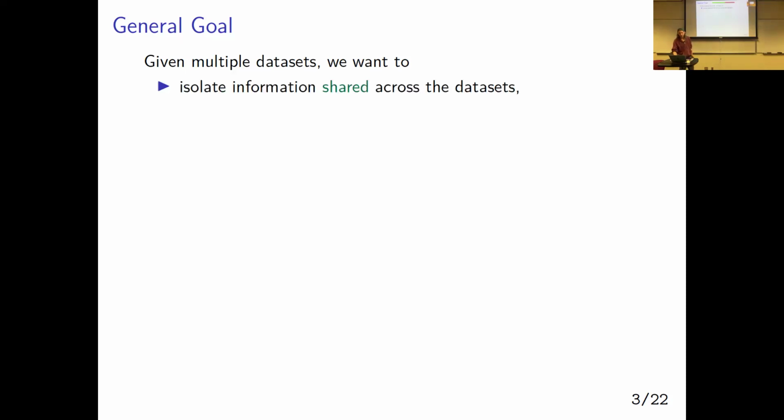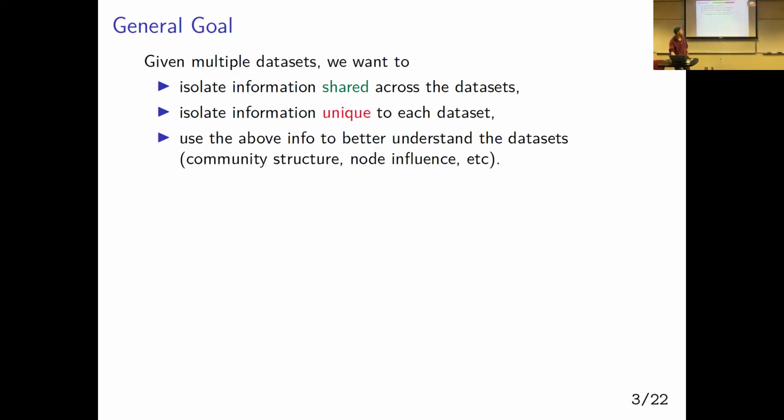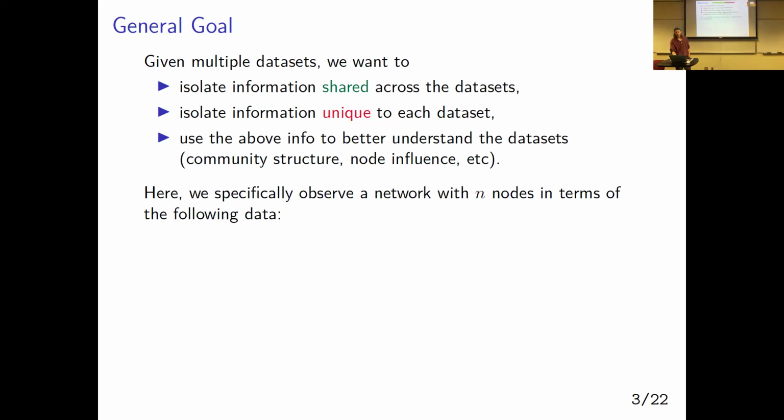We want to isolate the information that all the data sets share, and then isolate the information that's unique to each data set. Once we have those, we can ask what each data set can tell us about the other, and maybe get a holistic view of what we're considering.